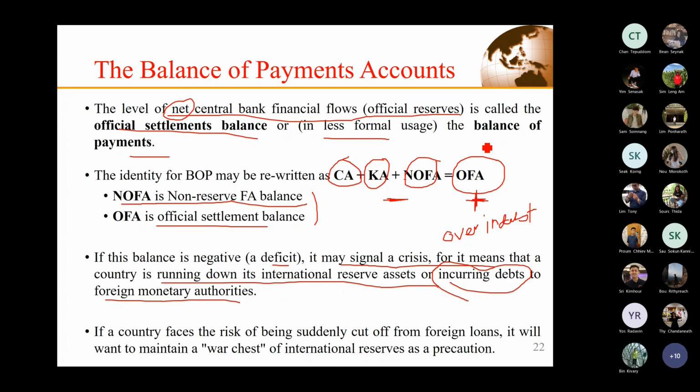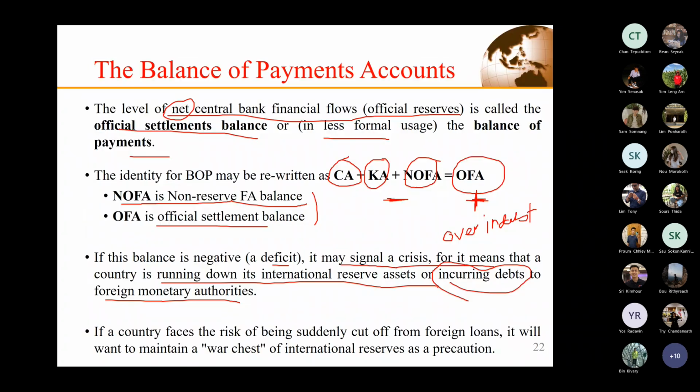However, if we see that the official reserve balance is running down from one year to the next year, for the last 5 years, then it could mean that there's some problem. We are having some trouble because we are losing our foreign reserve, which is not a good thing.